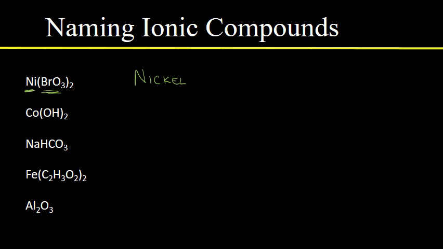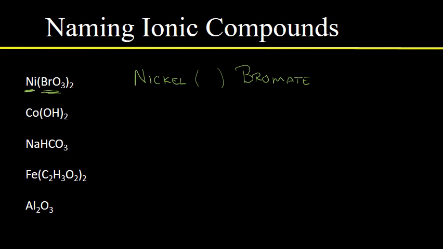This oxyanion, BrO3, is one of the ones that we memorized. So that's bromate. But because nickel is a transition metal, we have to indicate the charge on the nickel ion here. We can't just call it nickel bromate. We've got to call it nickel 1 bromate or nickel 2 bromate or nickel 3 bromate, whatever that charge is.